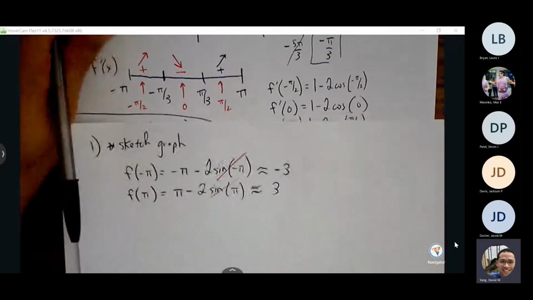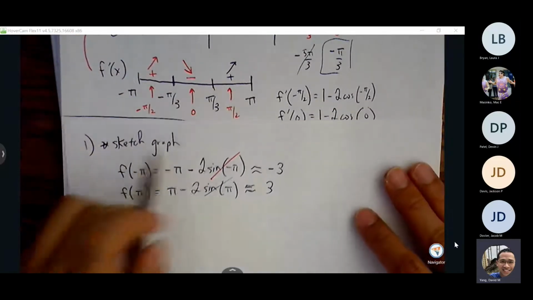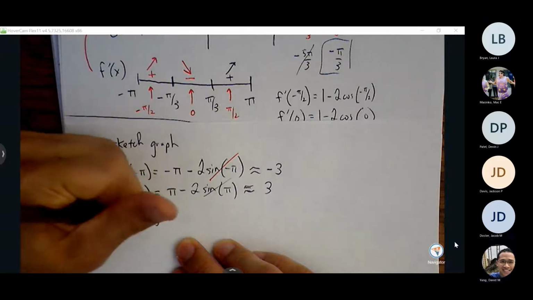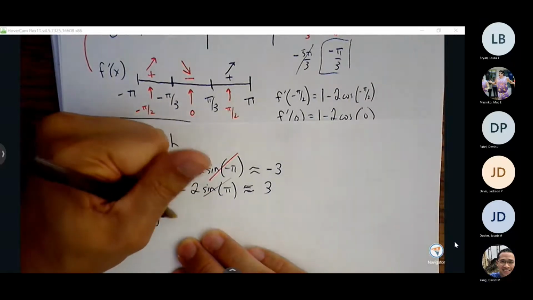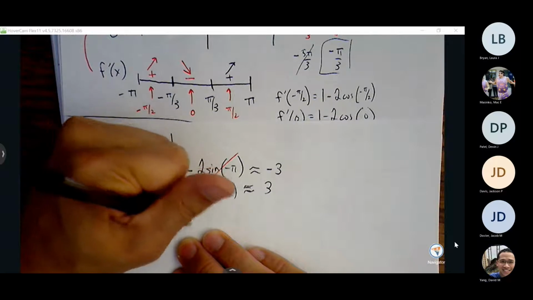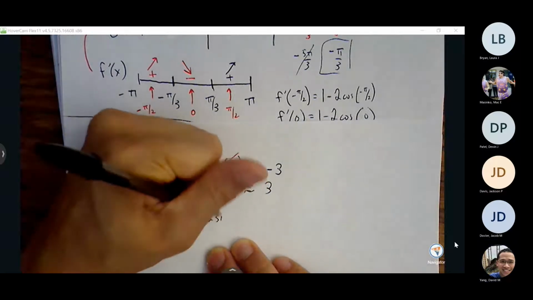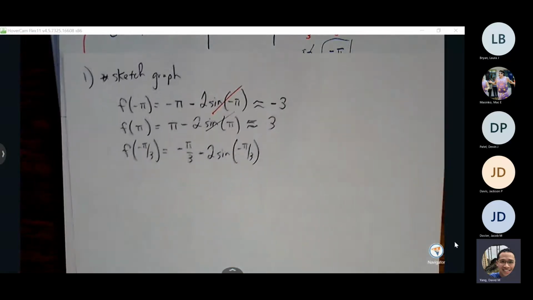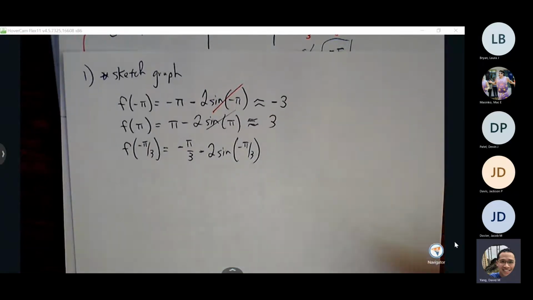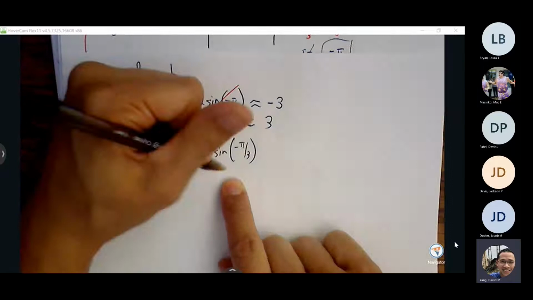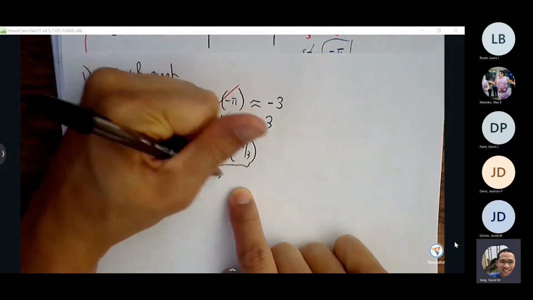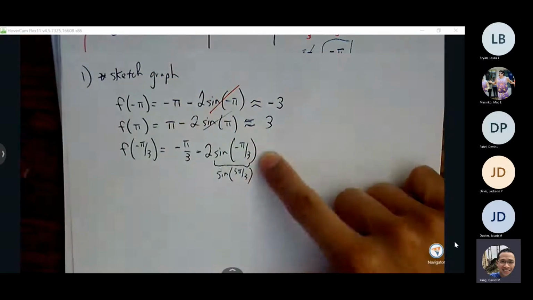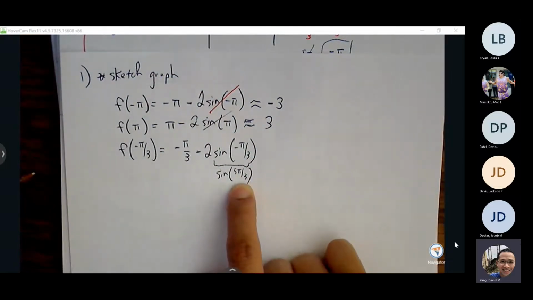Okay, let's also find the ordered pairs at our relative max and relative min. Okay, if you don't recognize sine of negative pi over 3, that's the same thing as sine of 5 pi over 3. Or we can always add 2 pi to make it more familiar. This is in the fourth quadrant.